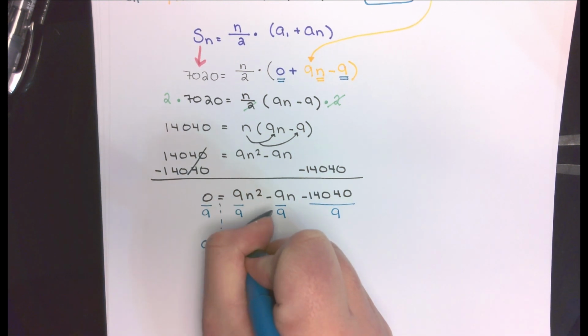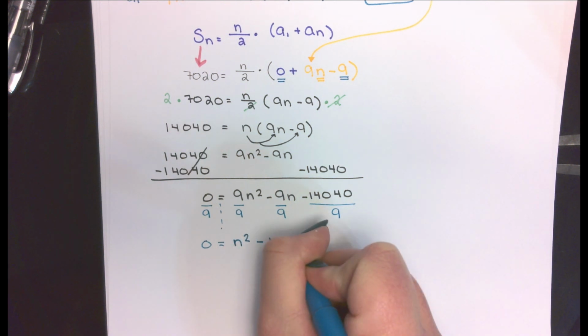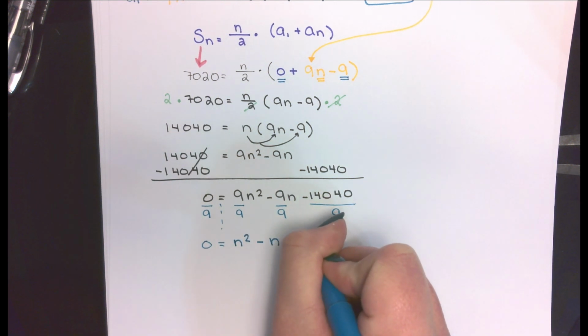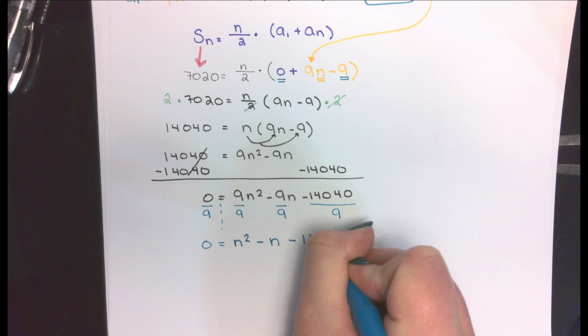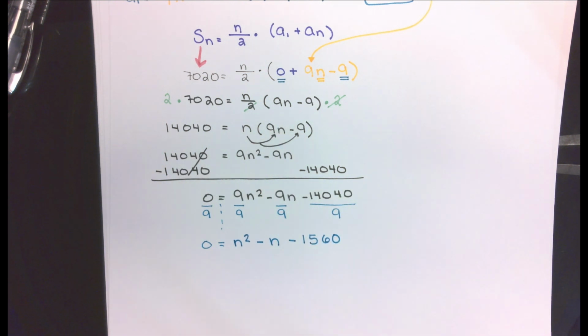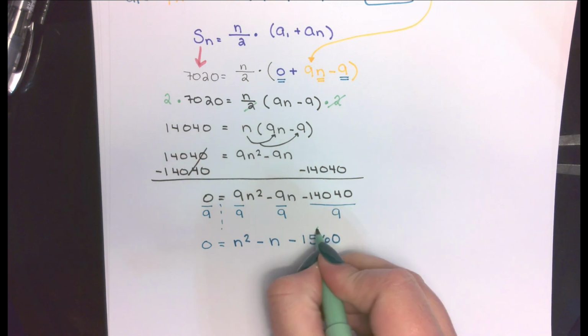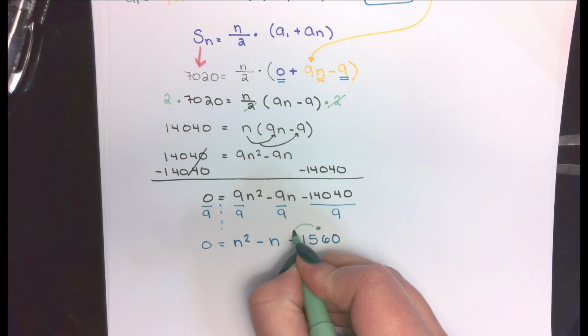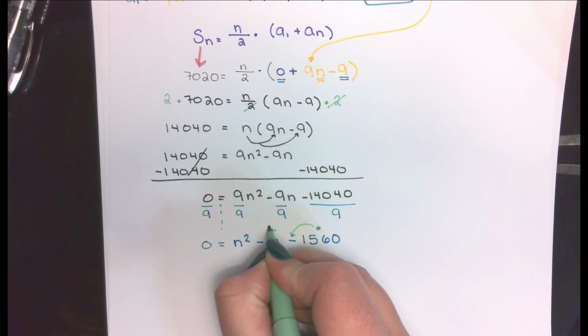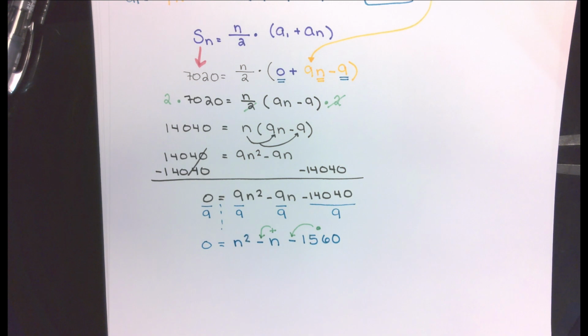So this ends up being n squared minus n minus 1,560. Now we're going to guess and check two numbers that multiply to 1,560 and add up to a negative 1. So this is guessing and checking.